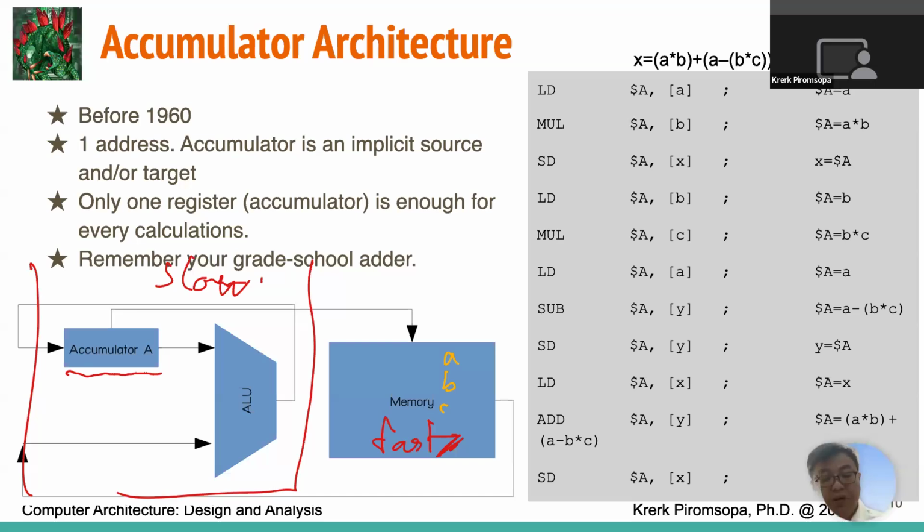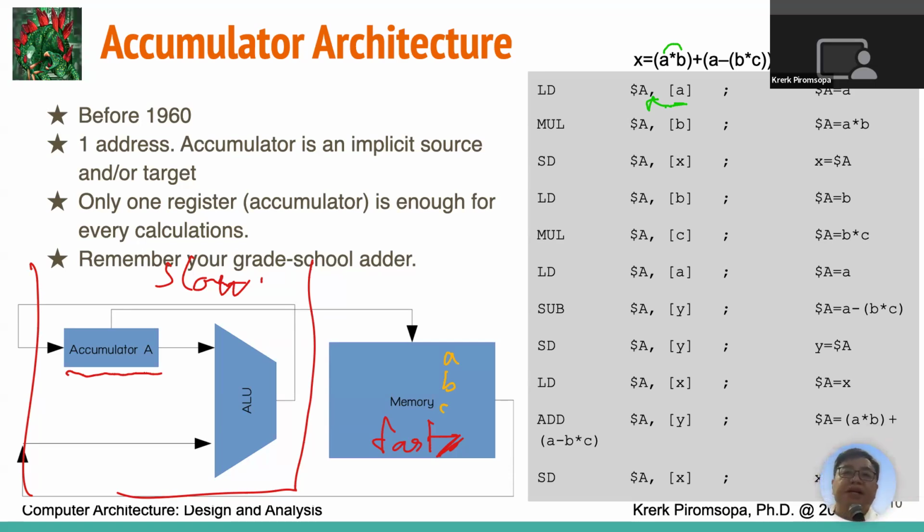So what do we have to do? First, we have to do what? A times B. Okay, let's load A into the accumulator in this case. Then multiply that number in the accumulator with B.